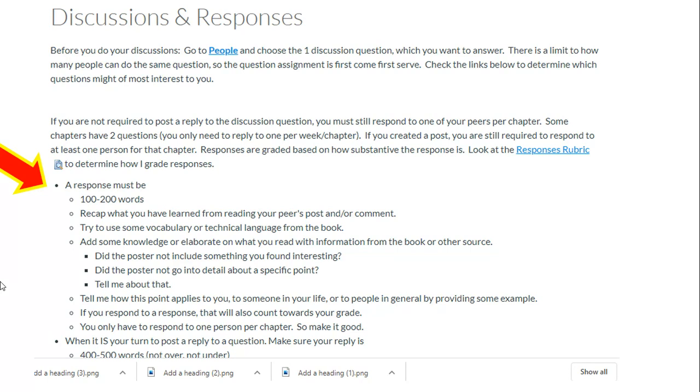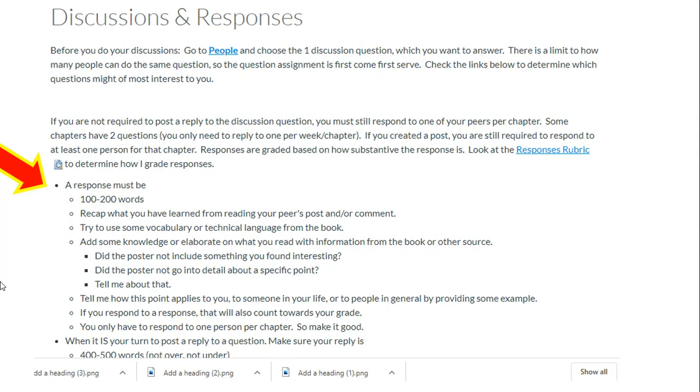You should also tell me how this topic applies to you, to someone you know, or to society in general. And then I'm also going to look for an overall feeling that your response is something someone else can read and they would get something out of it.